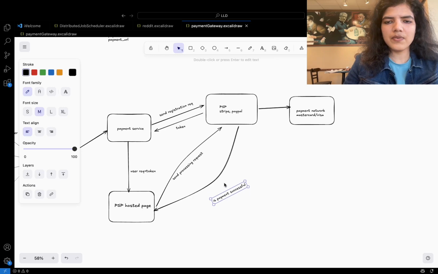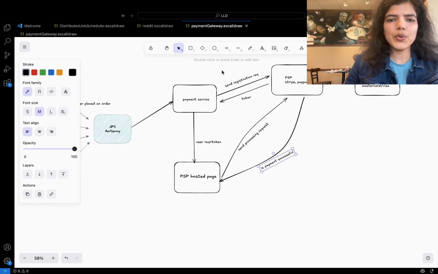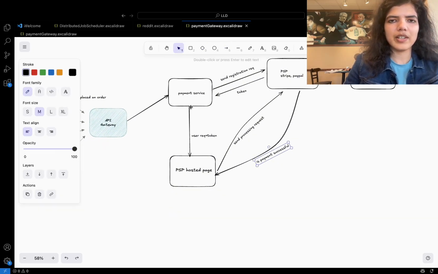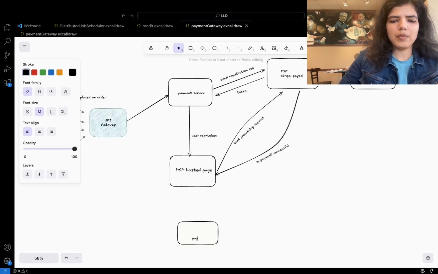Once it receives the success response, based on whatever token is there, it will show the payment status page back to the user.